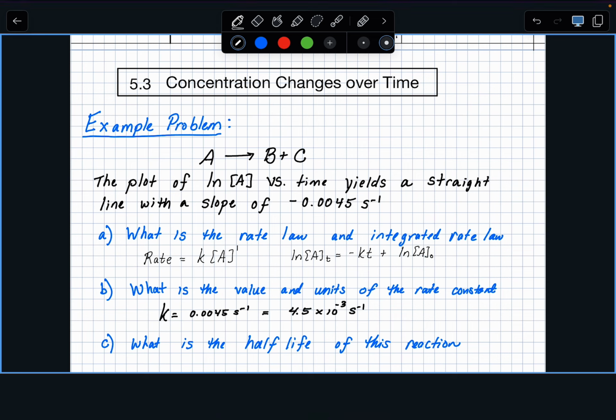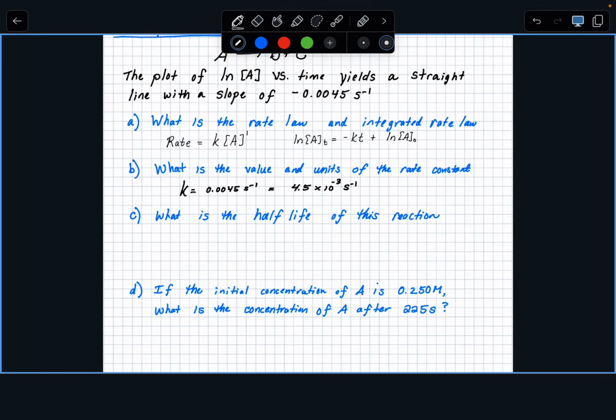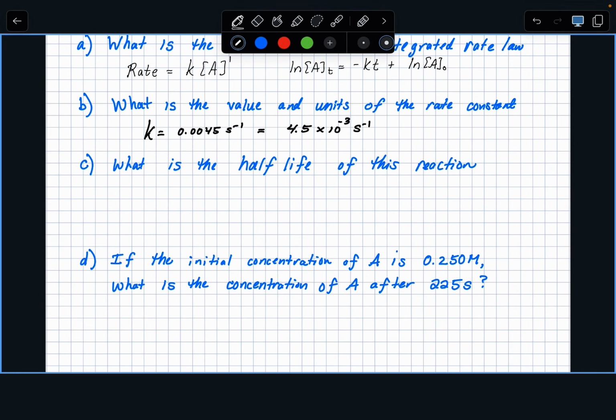The next one is: what's the half-life? For this you need to know the half-life equation, or you could use the integrated rate law, but to save time in this video I'm just going to use the half-life equation and the slope. If they say calculate the half-life, T1/2 equals 0.693, which is the natural log of 2, over k.